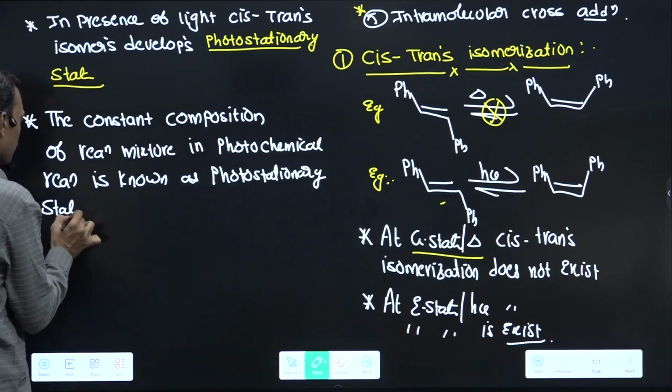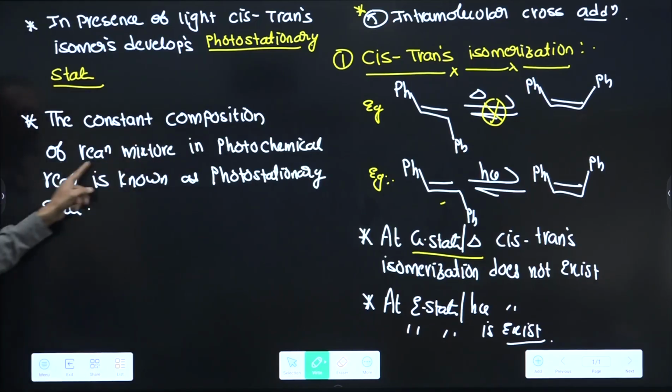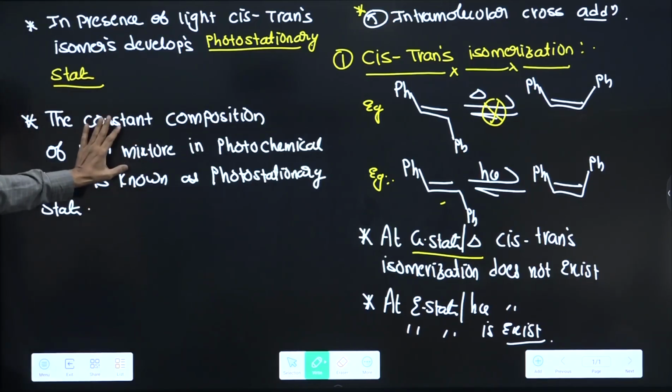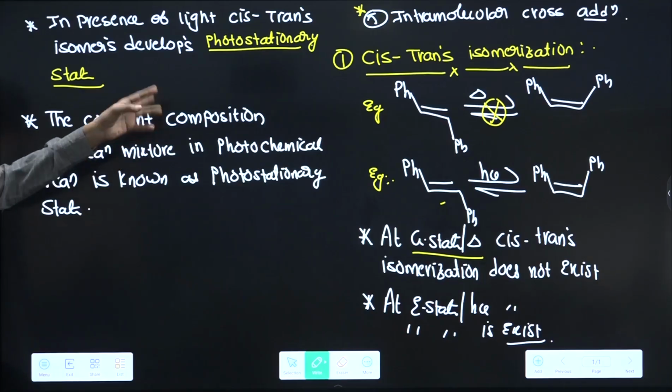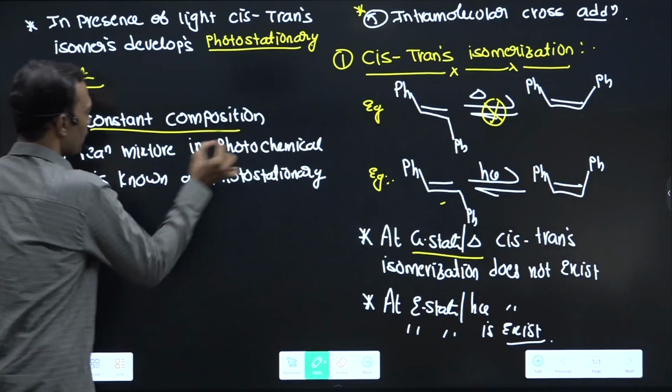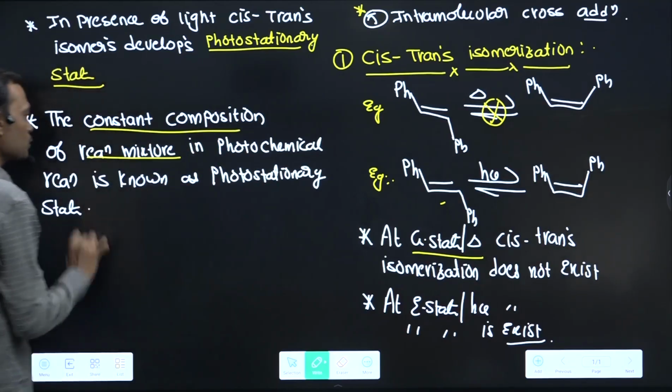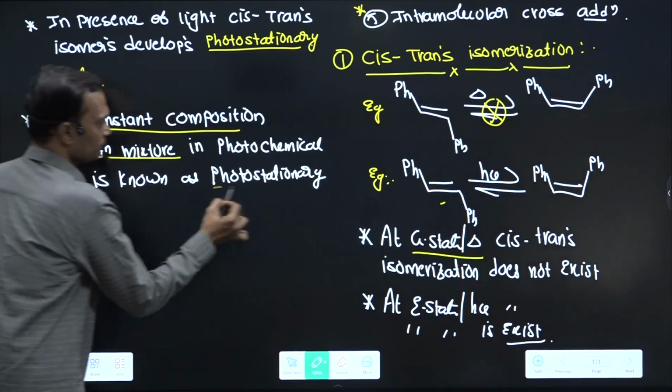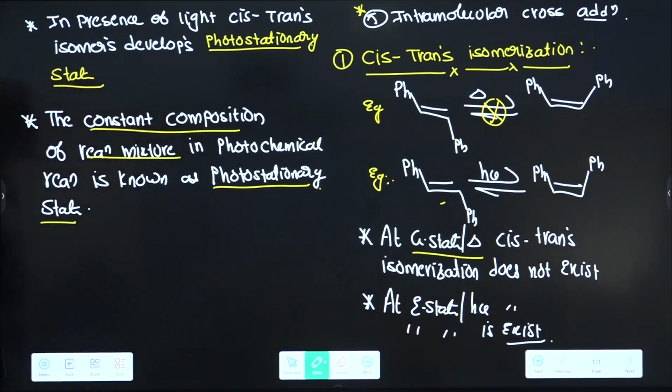A photostationary state is a state where constant composition of the reaction mixture is observed. The reaction mixture is nothing but either cis and trans or cis. The constant composition of the reaction mixture under photochemical reaction is known as the photostationary state. It means cis and trans always have a constant composition. Here only that word is important, photostationary state.